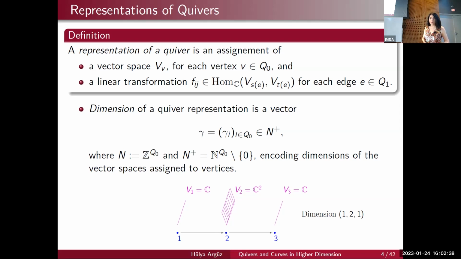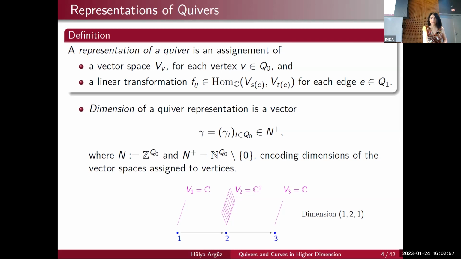And we will fix throughout the talk a dimension vector when we talk about quiver representations, which is an element gamma of the lattice N plus, where N is the lattice Z to the number of vertices of the quiver.